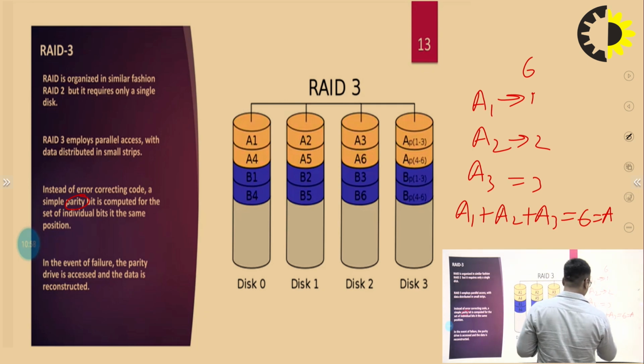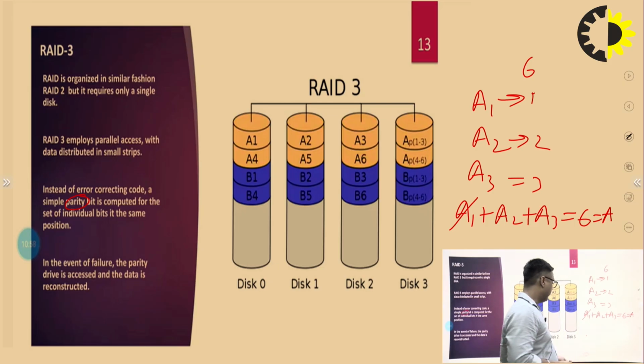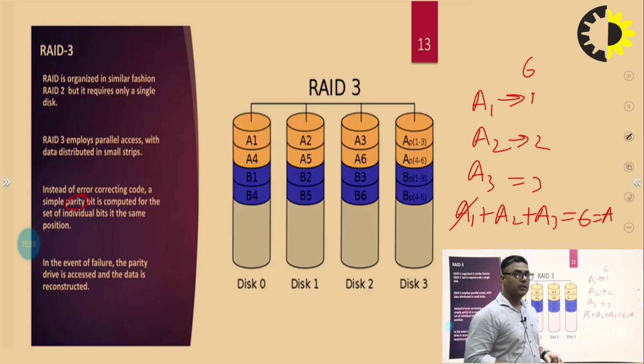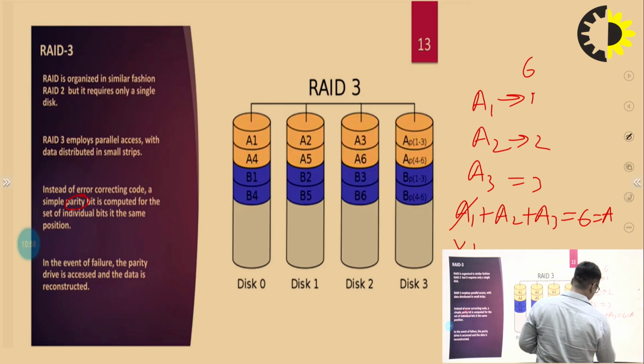If the data of A1 is corrupt, how do you know which type of data and values were available in the A1 disk? Through the parity. Suppose the data of A1 is X, the value of A2 is 2, the value of A3 is 3, and the parity value is 6.